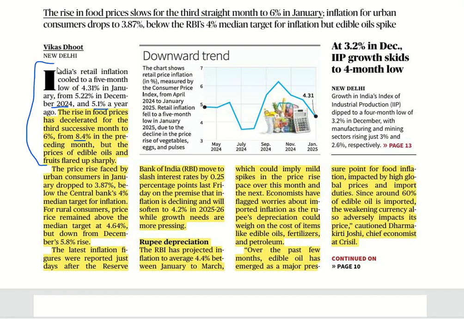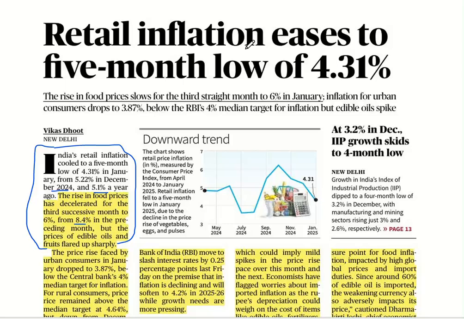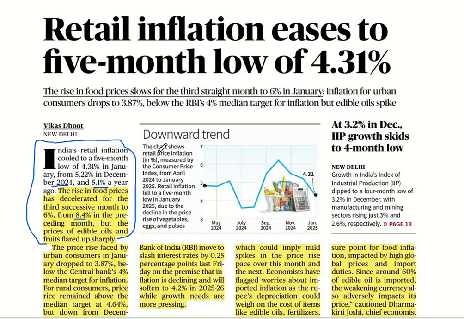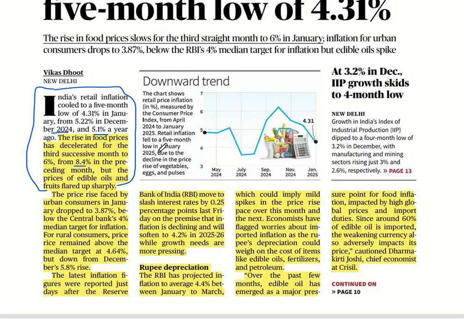If you are not aware of the terminology, like inflation, retail, quarter, and different terms, you need to understand them first, and after that you can understand the topic.